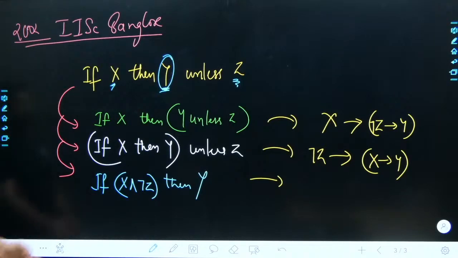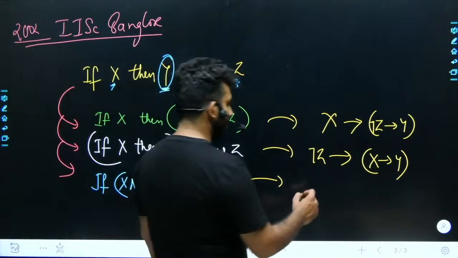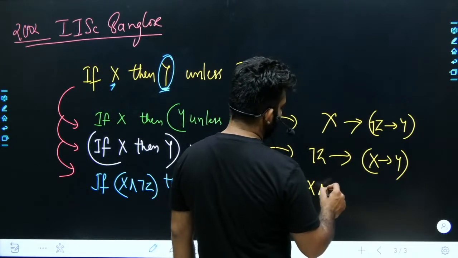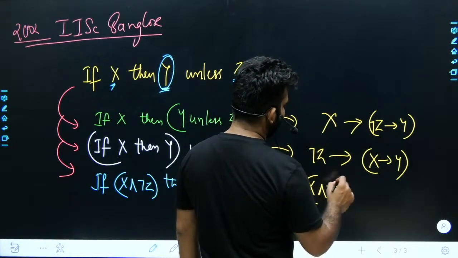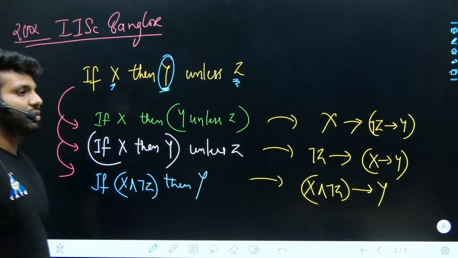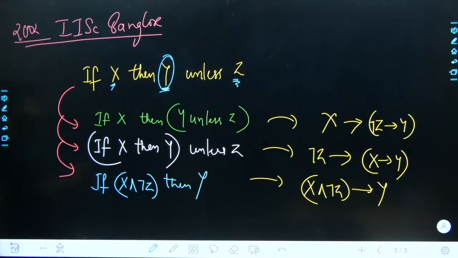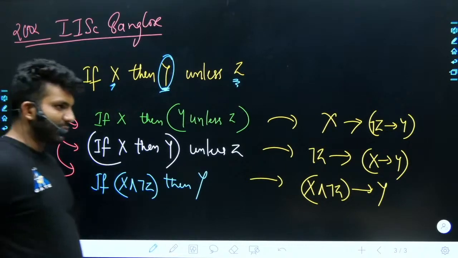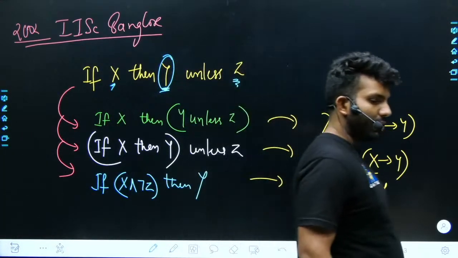Now for this, if I see, this is X and not of Z implies Y. I hope this is clear. So these are the three equivalent expressions for the same stuff. I hope this is clear.